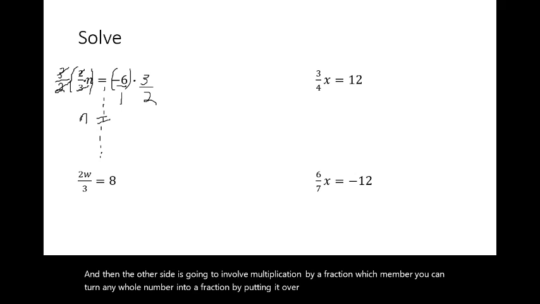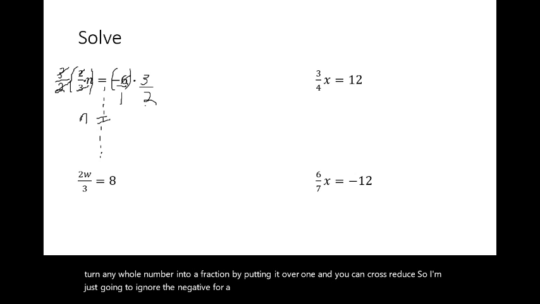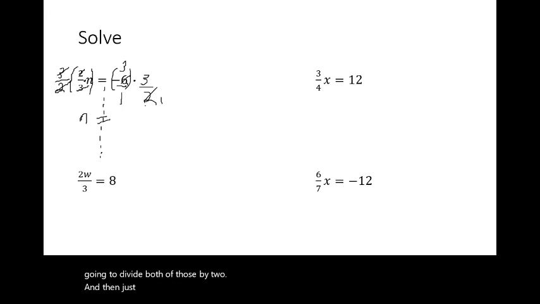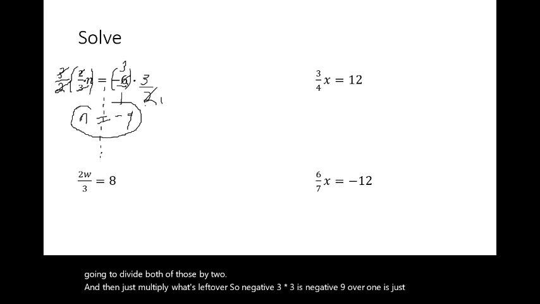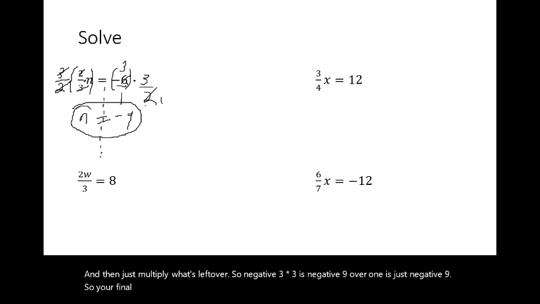And you can cross-reduce. So I'm just going to ignore the negative for a moment. 6 and 2 have a common factor of 2. So I'm going to divide both of those by 2, and then just multiply what's left over. So negative 3 times 3 is negative 9. Over 1, negative 9 over 1 is just negative 9. So your final answer is n is equal to negative 9.